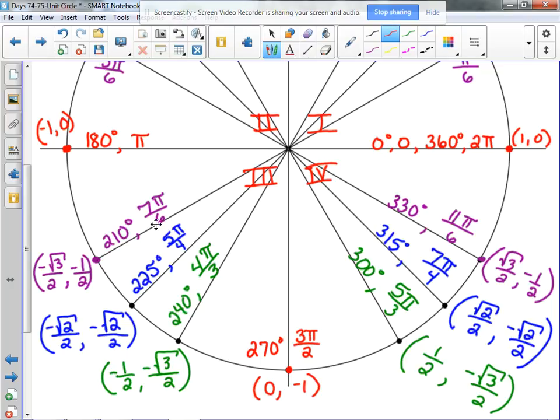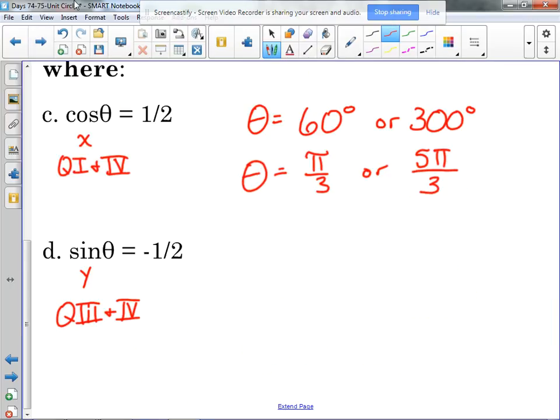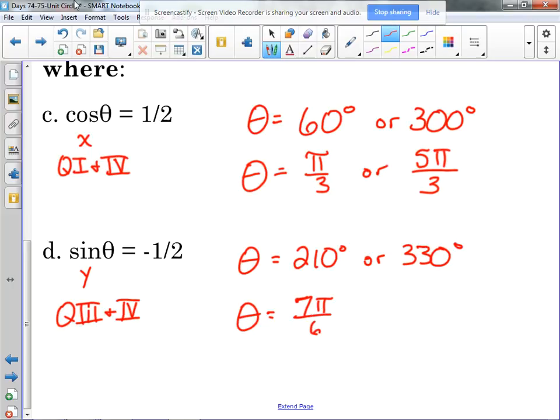So that's at 210 or 7 pi over 6, and it's also over here at 330 or 11 pi over 6. So theta is 210 or 330, and theta is 7 pi over 6 or 11 pi over 6.